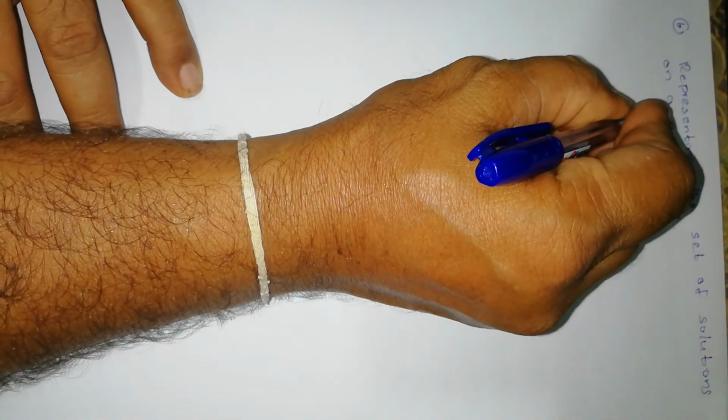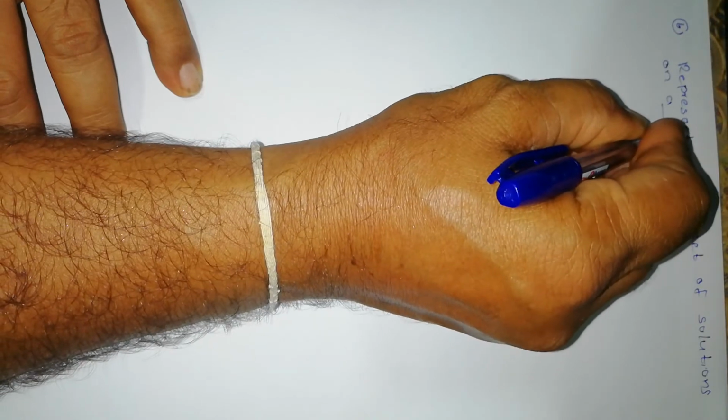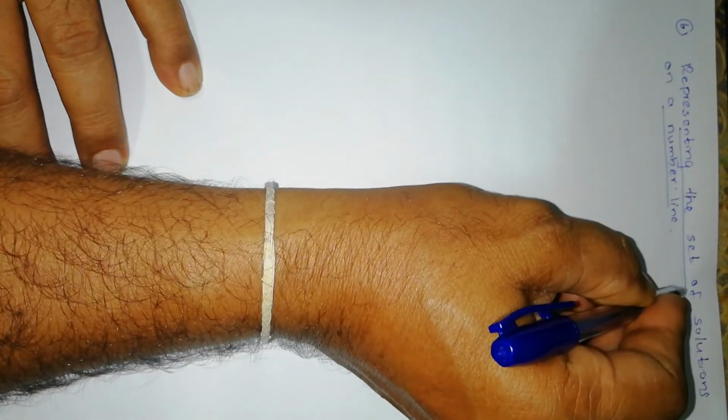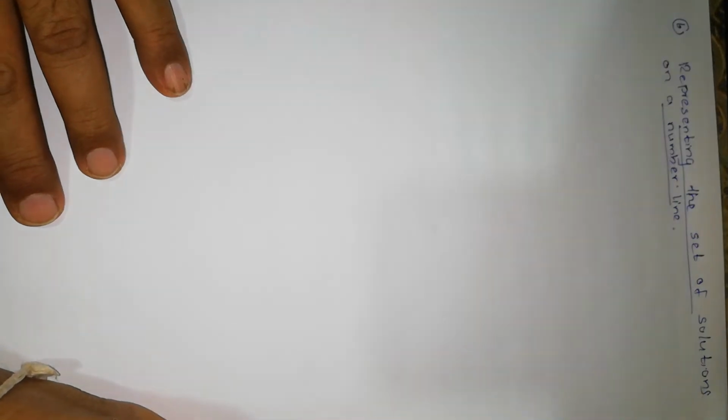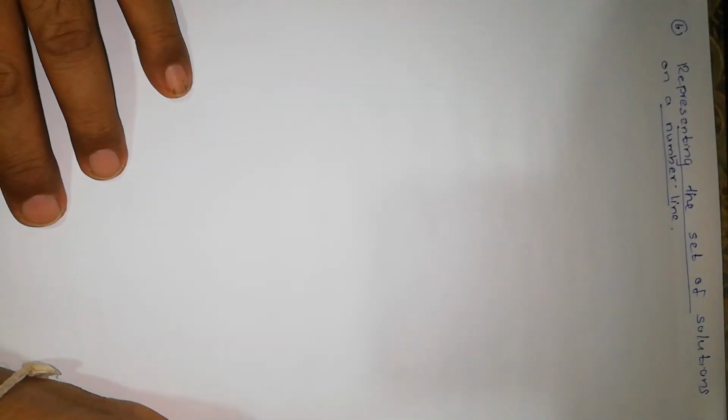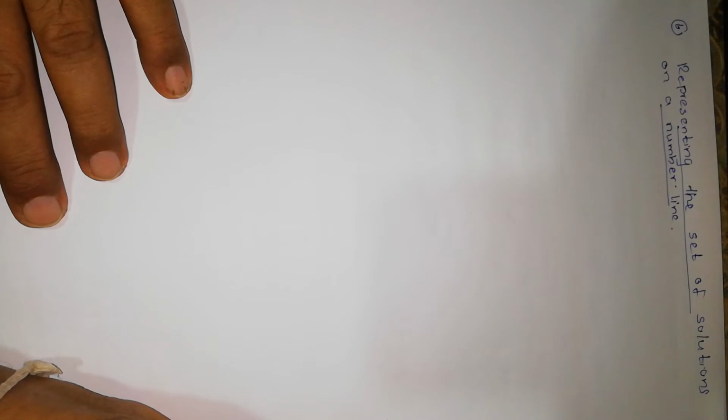Now the question says, children, to express the solution set on a number line. There are two methods, children. We can express the solution set and integral solutions on a number line.